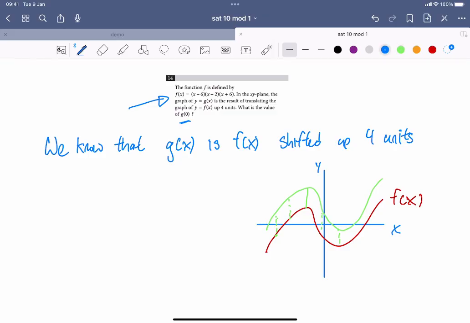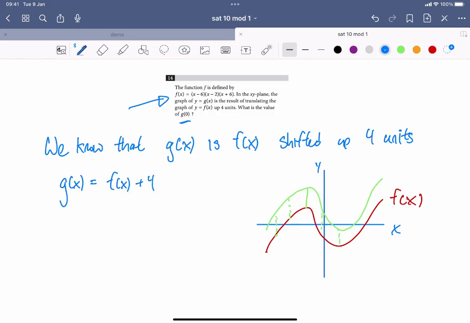So given that information, we see that the original point can be found if we know g of 0. We can relate that back to f of x because we know it's translated up 4 units. So we can write something like g of x equals f of x plus 4.